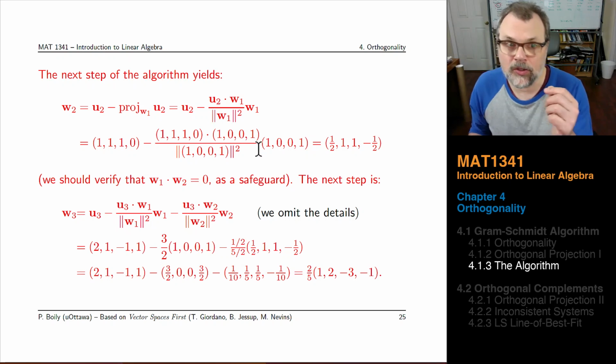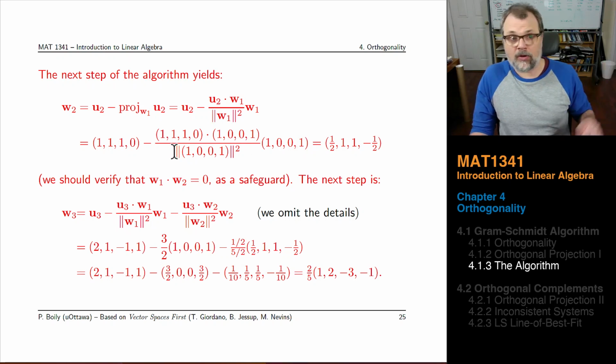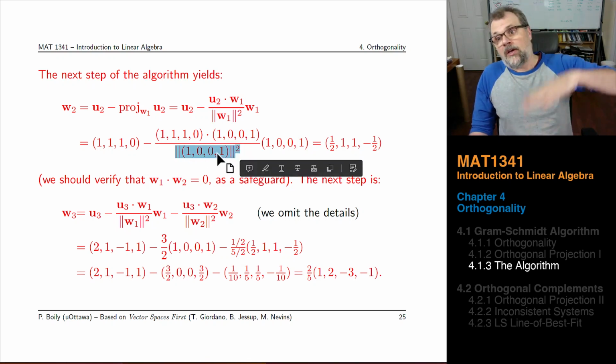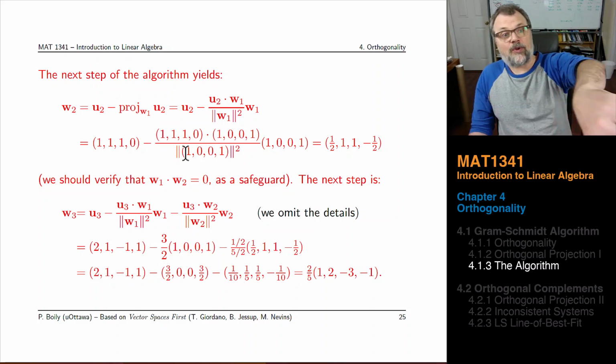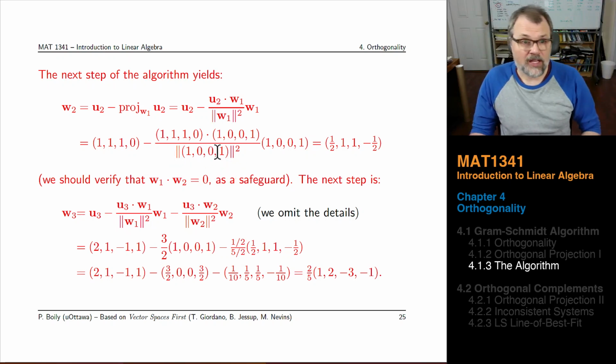One thing you might want to use as a trick: if you've computed this length, set it aside, store it somewhere on a piece of paper, because every subsequent step is going to require the square of the length of (1, 0, 0, 1). And you multiply that by (1, 0, 0, 1).